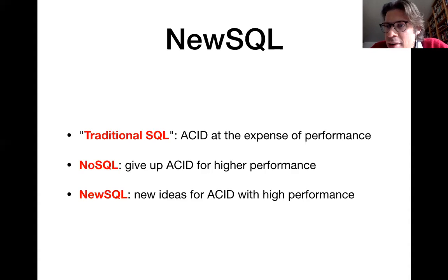That was the case, for instance, for those systems that we have seen last time. Now, in this lecture, we're going to focus on a few more recent systems dubbed NewSQL, which try to get the guarantees of ACID transaction processing, while at the same time having high performance and availability.